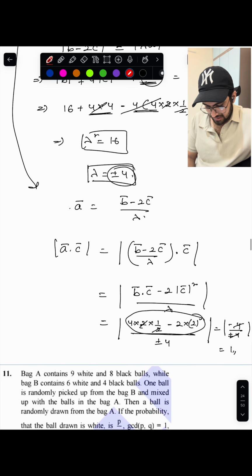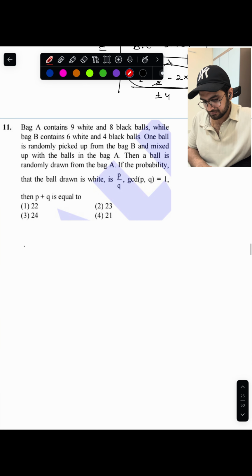So next let's move to the 11th question. What is given? Bag A contains 9 white and 8 black, while bag B contains 6 white and 4 black. So it's a probability question, right?